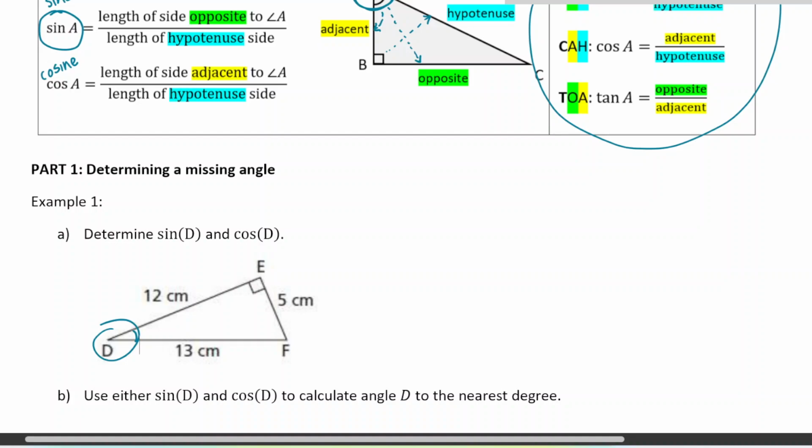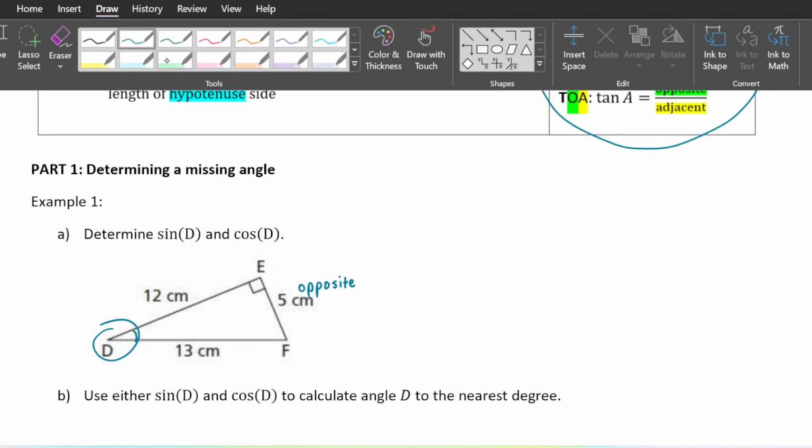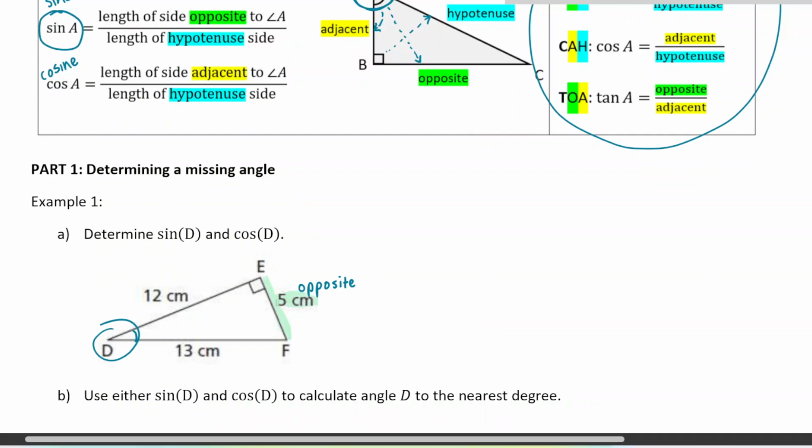The side that's opposite to angle D, I always start with that one. That's this side here. It's directly across, and we labeled that in green, so I'm going to do that in green. My green is slightly different, but that's okay. And then the side that's right next to angle D, that's the 12.